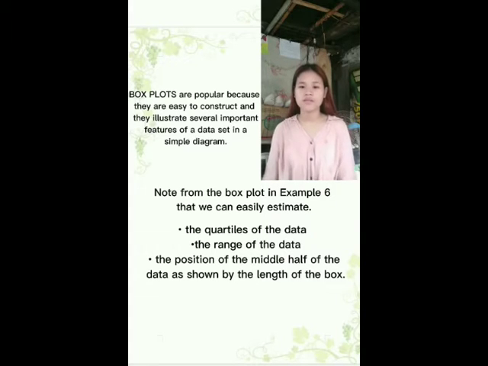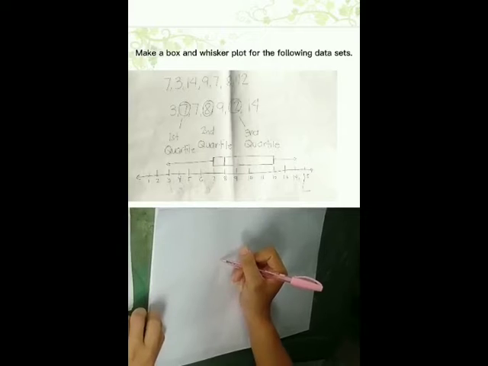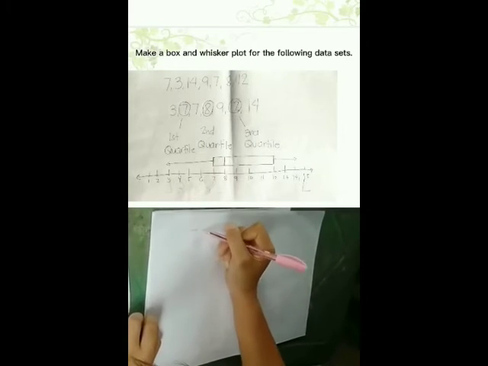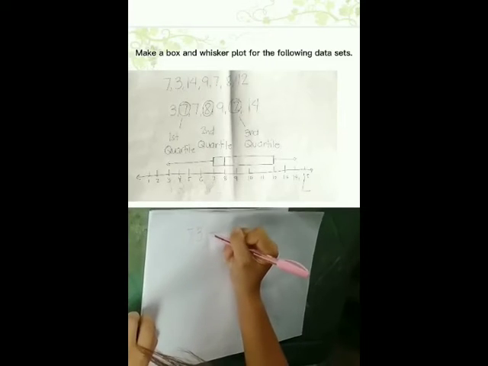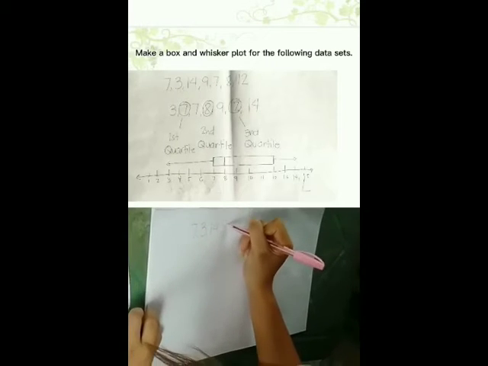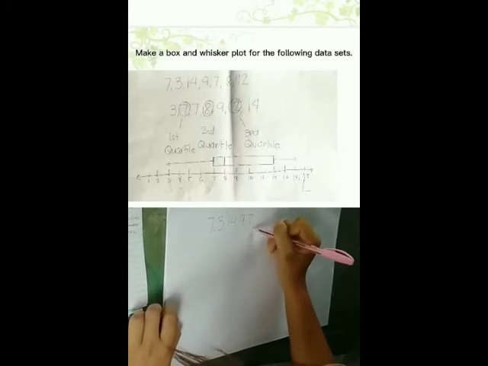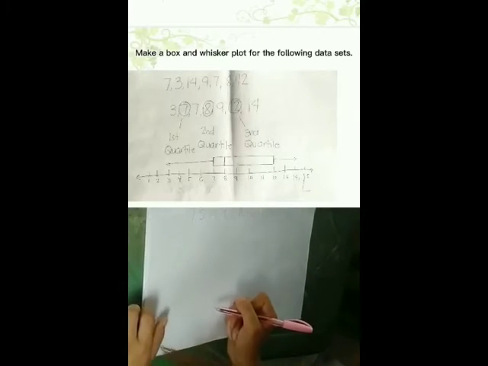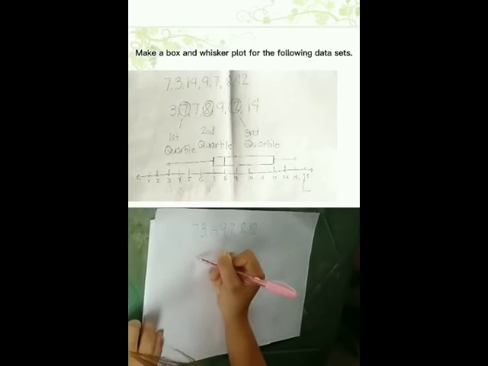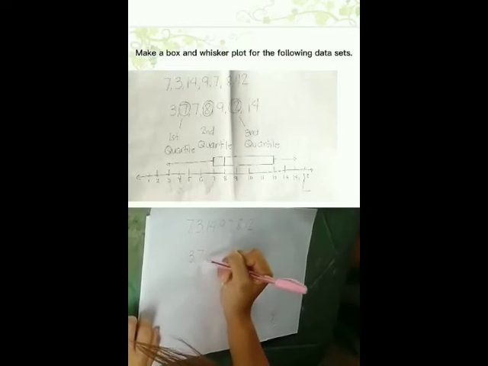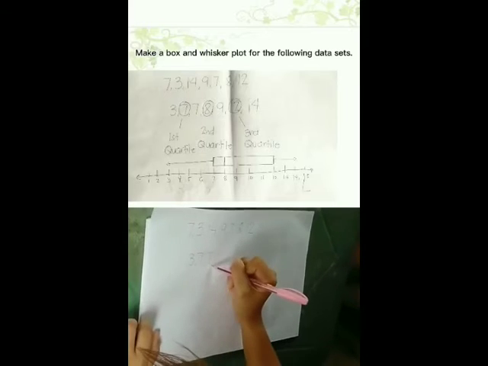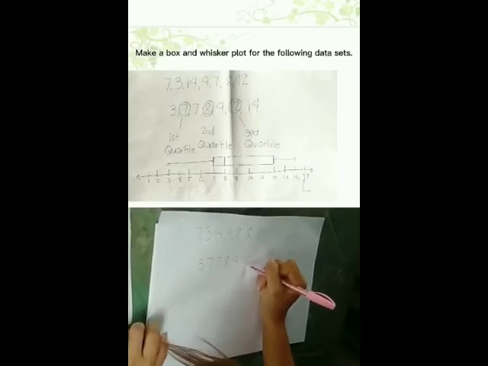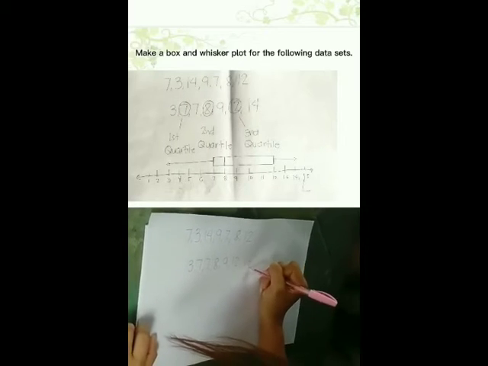Make a box and whisker plot for the following data set: 7, 3, 14, 9, 7, 8, and 12. Arrange from least to greatest: 3, 7, 7, 8, 9, 12, and 14.